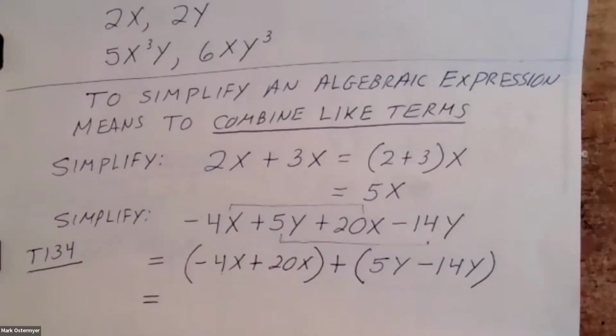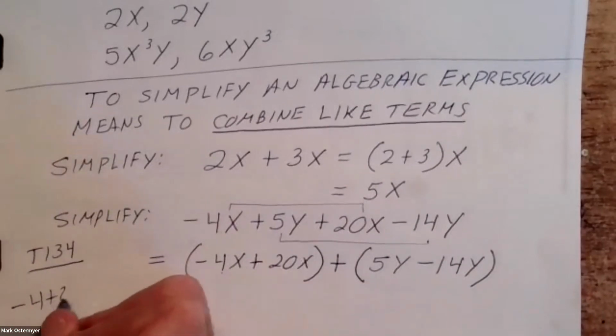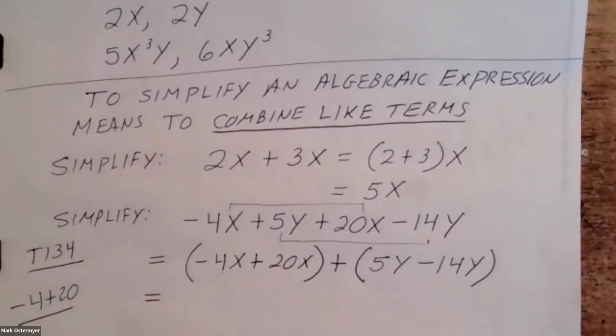And so if I wanted to take negative 4x plus 20x, I need to know what negative 4 plus 20 is. Negative 4 plus 20. Let me show you on your calculator how we can dial that up.